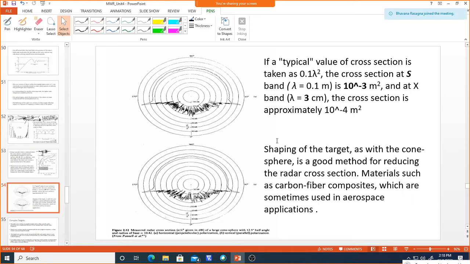Now if you consider complex targets, which are big in nature and of different size and different shape, how can we measure this RCS, and also how can the range be calculated, because the reflection will happen in different parts of the complete system or complete target. So how can we calculate the RCS and also the range?